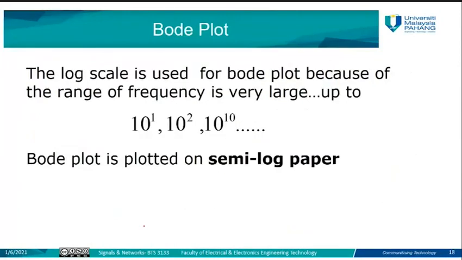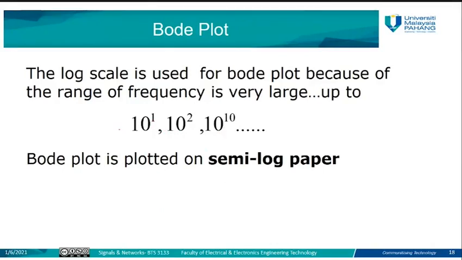The log scale is used for the Bode plot because of the range of frequency, as we said. For the x-axis, we talk about 10 to the power of 1, 10 to the power of 2, which means 100, and 10 to the power of 10, which is about 10 giga, and so on.